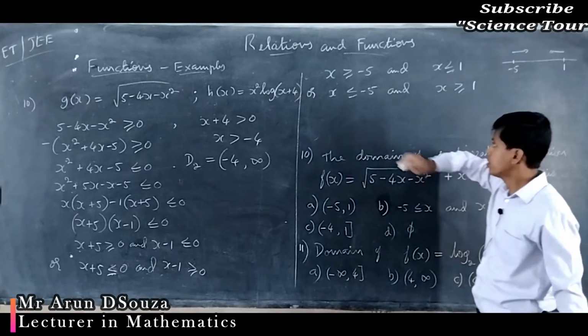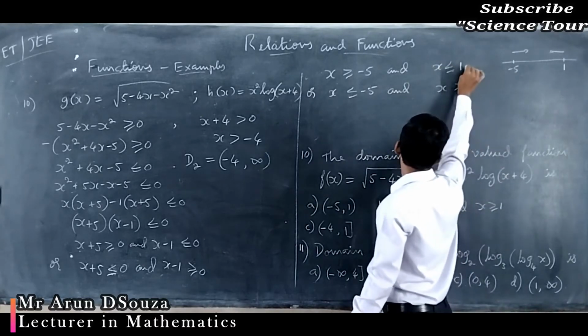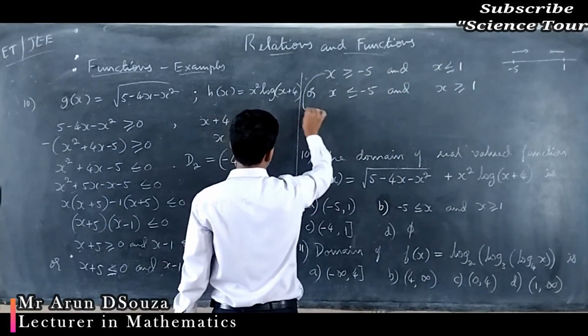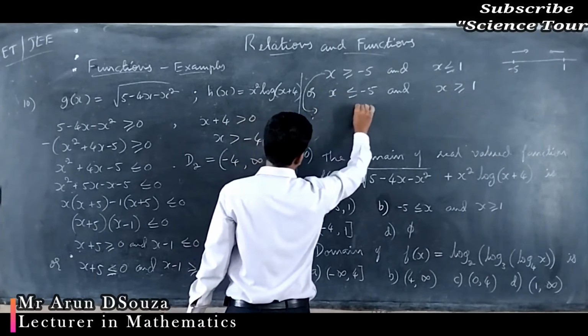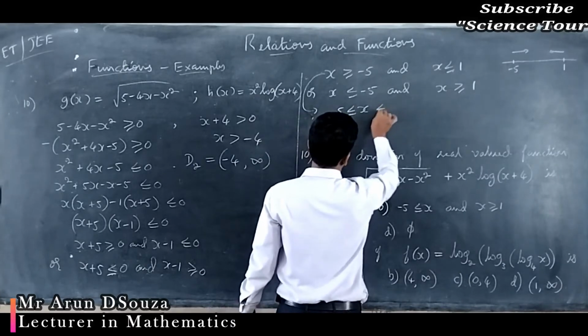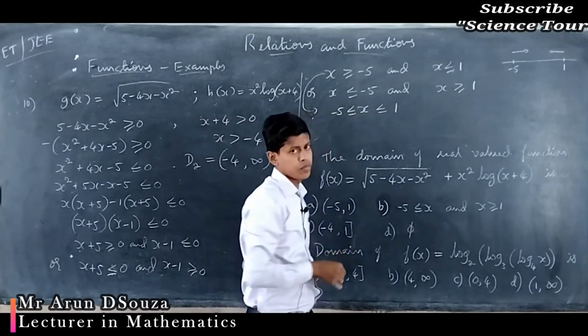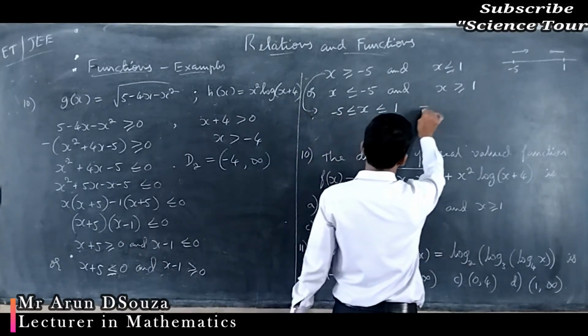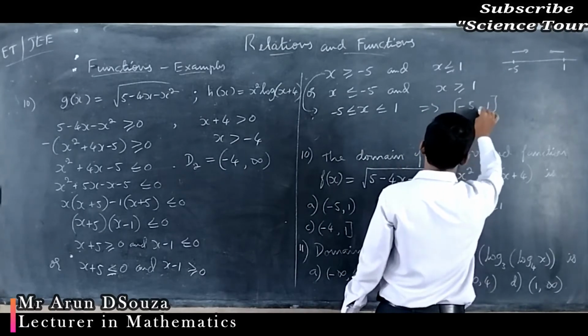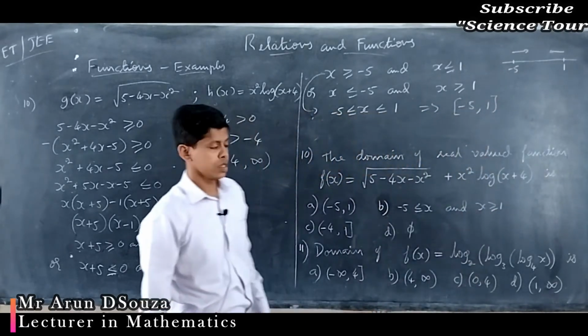It matches perfectly. So this can be written as x is greater than or equal to minus 5 and less than or equal to 1, or this also can be written as the closed interval minus 5 comma 1.